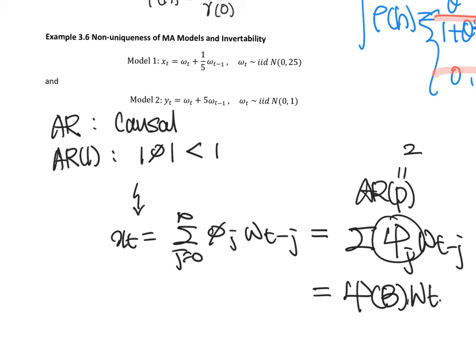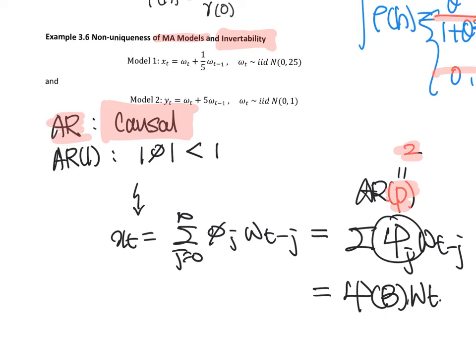So in the AR model, we had causality. We are going to discuss another condition for causality when p equals 2 later. But now we have an MA model, and we need another condition, which is invertibility.